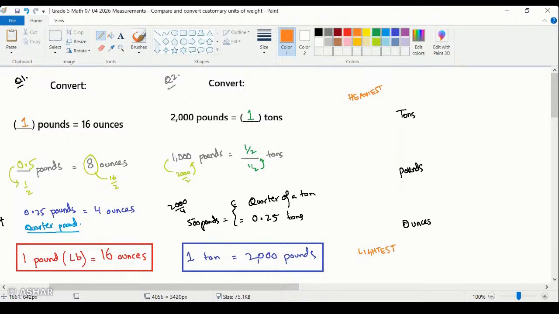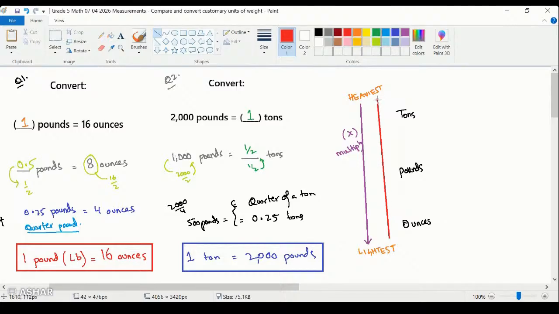So whenever we are going from the heaviest value towards the lightest value, we're going in this direction. What do we do? We multiply. And whenever we are going from the lighter values towards the heavier values, what we do is we divide.